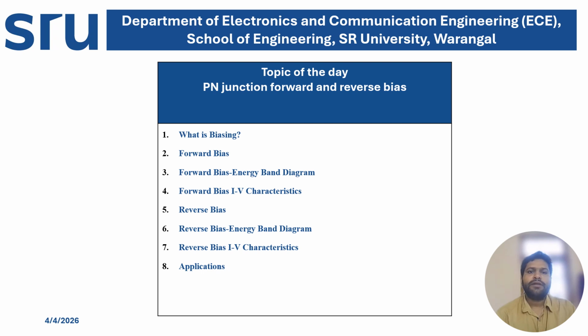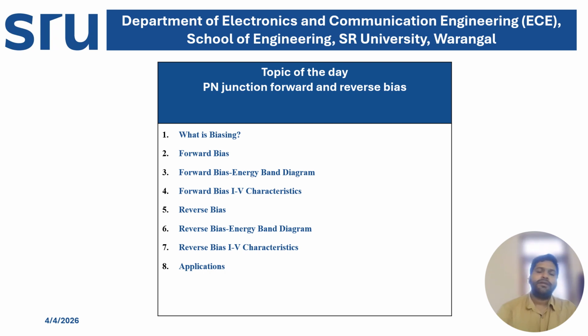To make the device useful in a circuit, we must apply an external voltage. In a PN junction, this application of external voltage is called biasing.